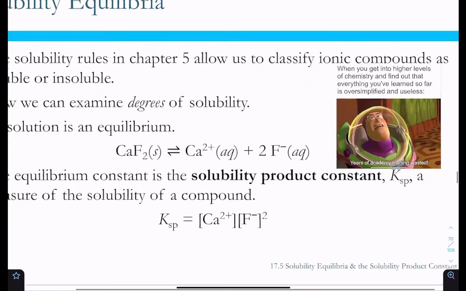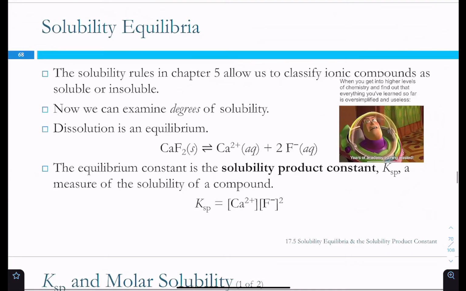But now that we've done all of this stuff with equilibrium, we could talk about degrees of solubility. So really, anything that you put into water is going to dissolve even a little bit. So there will always be some of it that dissolves, and now we're going to talk about the chemistry, and really the math, around how to calculate how much dissolves.